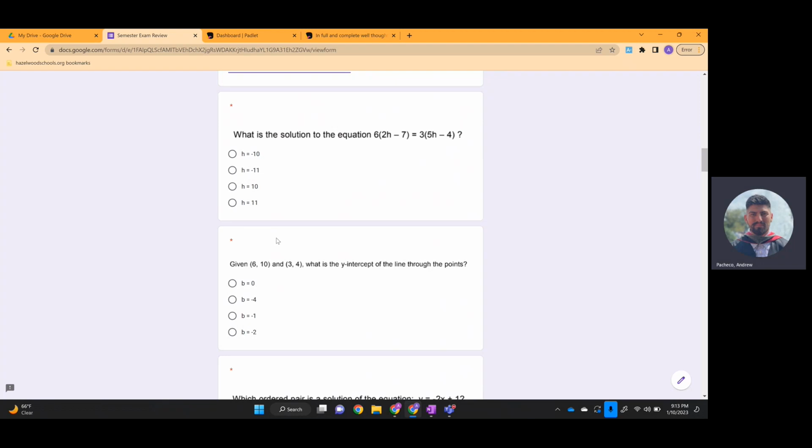The next question says, what is the solution to the equation 6 times (2h minus 7) equal to 3 times (5h minus 4)?